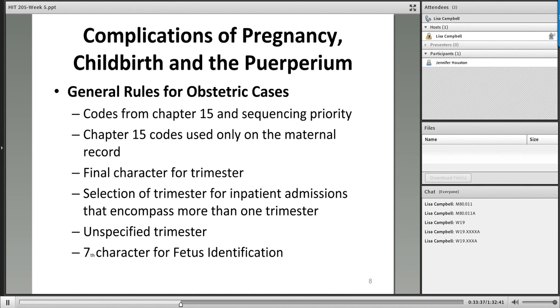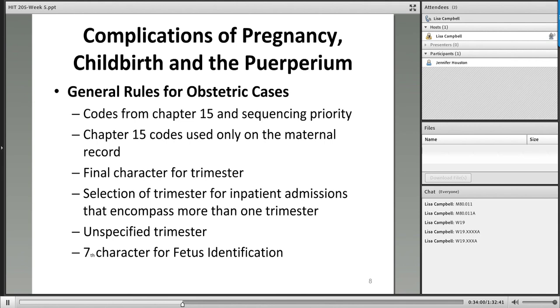They go on to further say, if the condition developed prior to the current admission or encounter, or represents a pre-existing condition, the trimester character for the trimester at the time of admission should be assigned. Okay, well then look what they do.